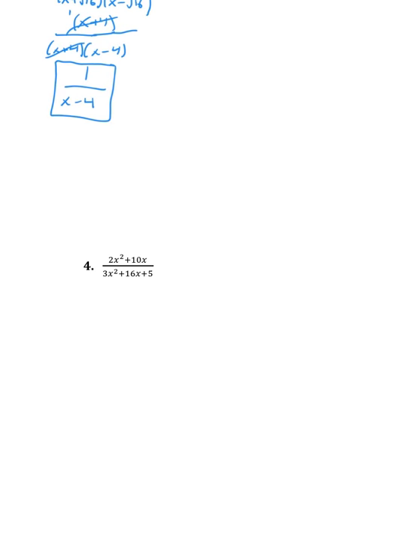All right. And this is where I think the trick for problem 4 is going to come in very handy. Starting with the top, 2x squared plus 10x, I can factor out 2x out of that top term, and I'm going to be left with an x plus 5. And that x plus 5 is the big part.